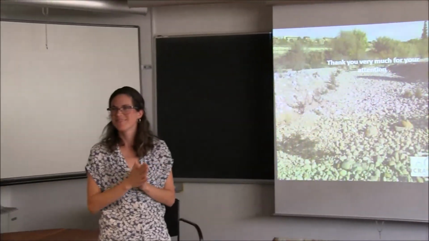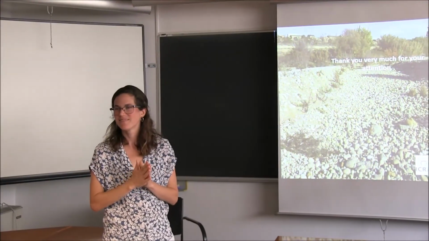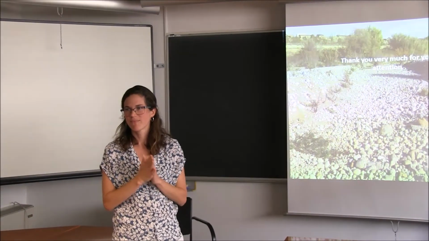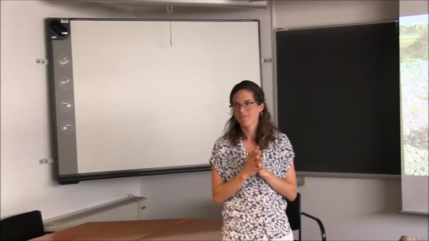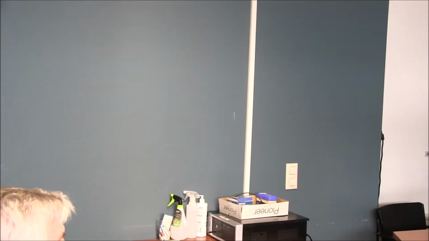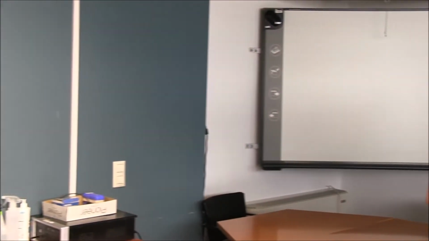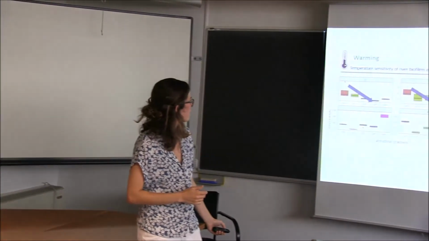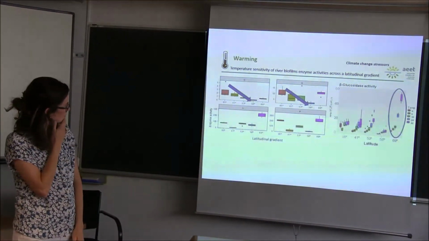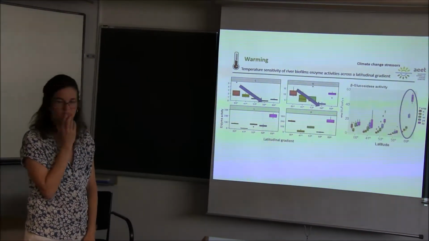And I have a question. I was surprised by the very high activity of enzymes in the Arctic side. What might be the reason for that? Because I understood that the graph on the left was natural conditions, and the other one was showing when you were simulating these differences in temperatures.